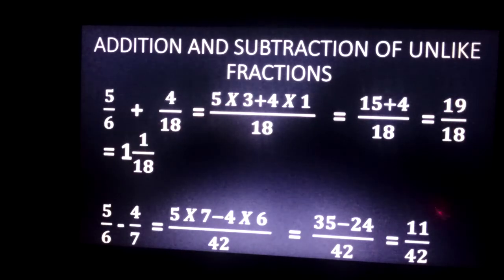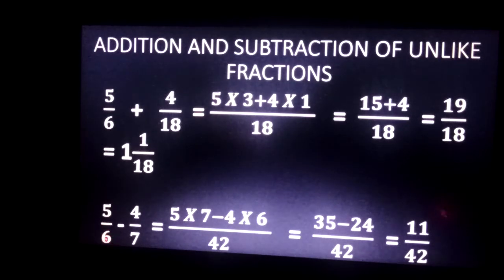Now the next one, look at the second example. If there is no common factor for both the denominators, then the product of both the denominators will be the LCM. So here there is no factor which is common to both. 6 can be divided by 2, 6 can be divided by 3.